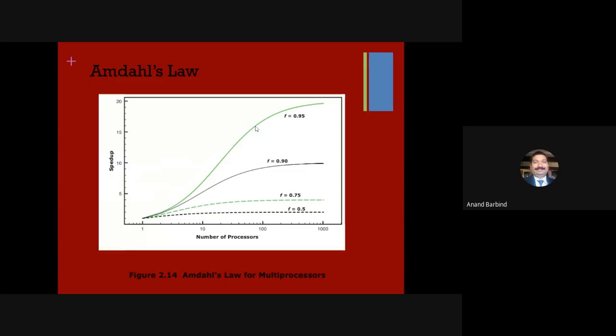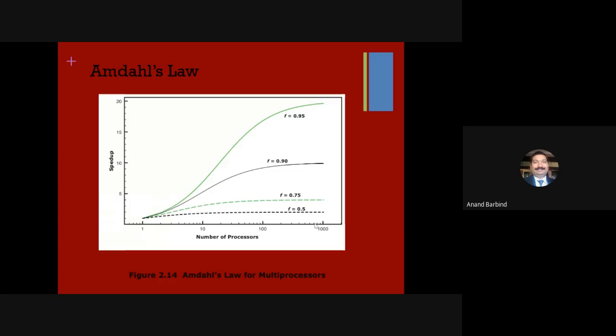Your speed has increased 15 times. So though you are using 100 processors, the speed is not increased 100 times, it is increased 15 times. Now even if you go on increasing your processors, the speed is not going to increase. It is now saturating.